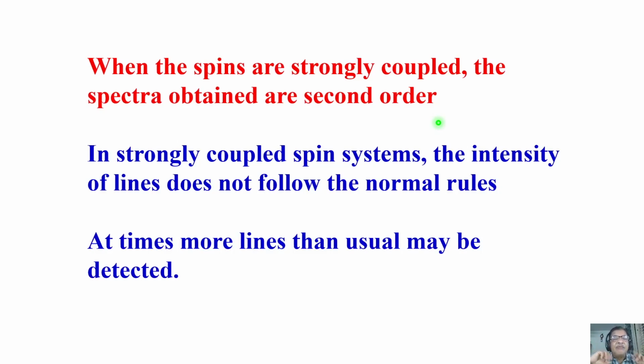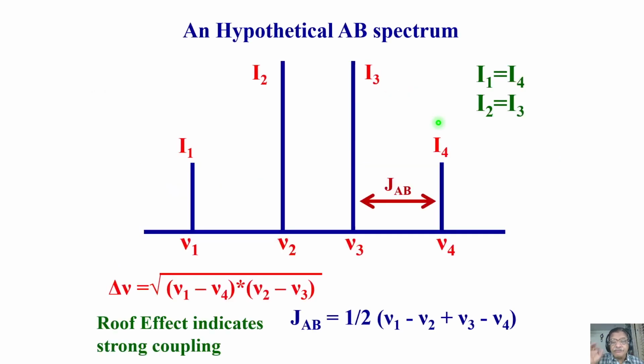But still 3 spins can change at the same time, alpha to beta, beta to alpha. That is called combination transitions. Such transitions are not seen in the weakly coupled case, but they are seen in the strongly coupled case. Understand the point? That is why in a strongly coupled spin system, sometimes you get extra peaks, more peaks than what is expected in the weakly coupled spin system.